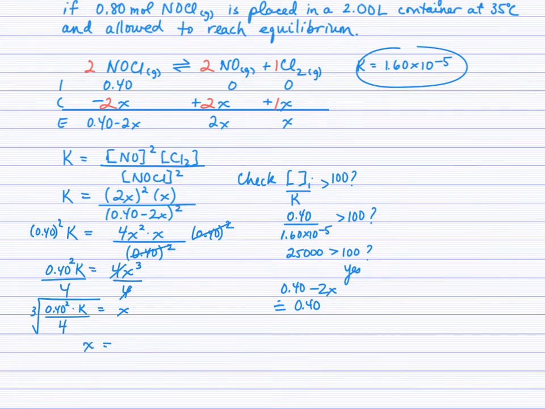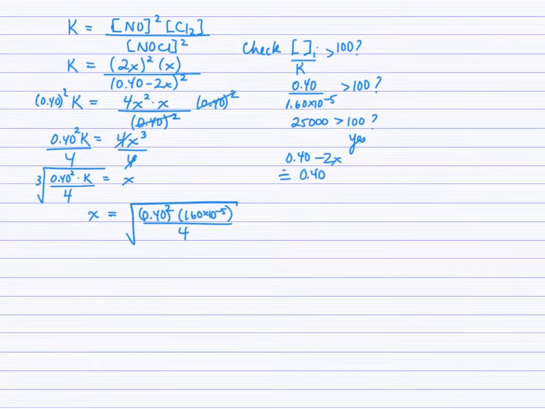So here's where we can actually go and substitute in our value for k now. So 0.40 squared, right, that's being squared, times the value for k, 1.60 times 10 to the negative 5, all divided by 4. So you'll want to use your calculator and take the cubed root.